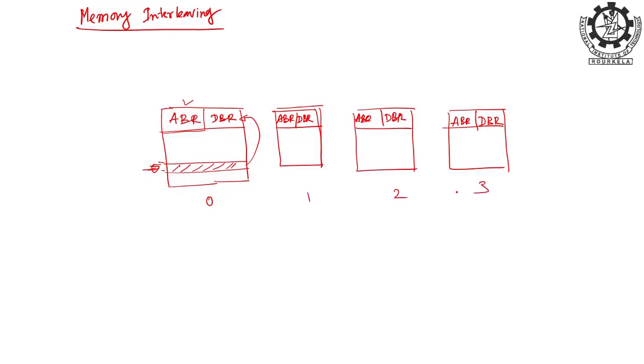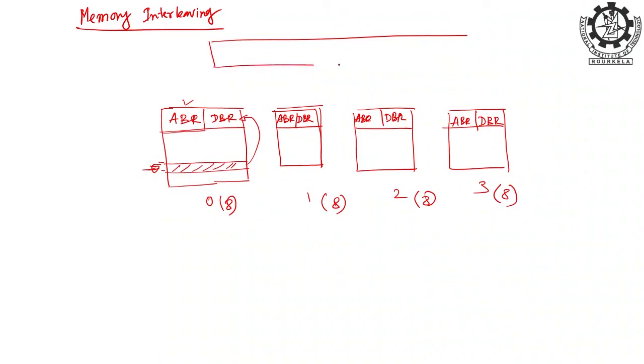Using these we can make a much bigger memory system. Let us say each has 8 locations, so the total will be 32 locations. And each location is 1 byte, so we get 32 bytes if we combine these 4 memory modules.